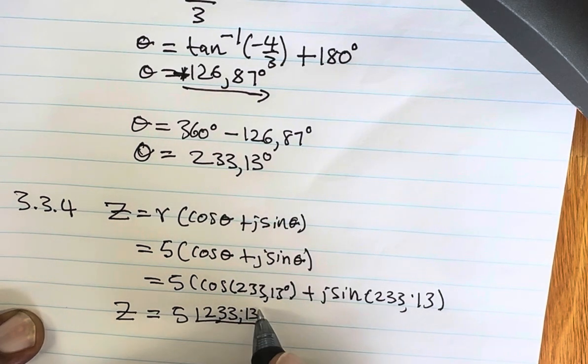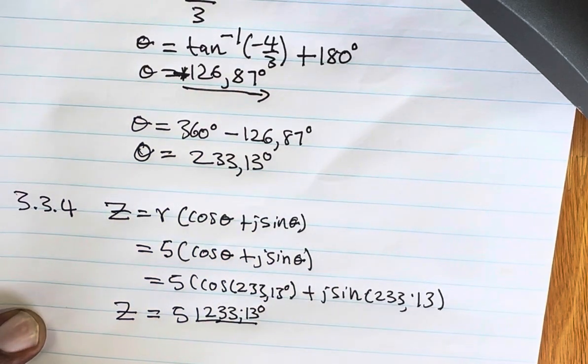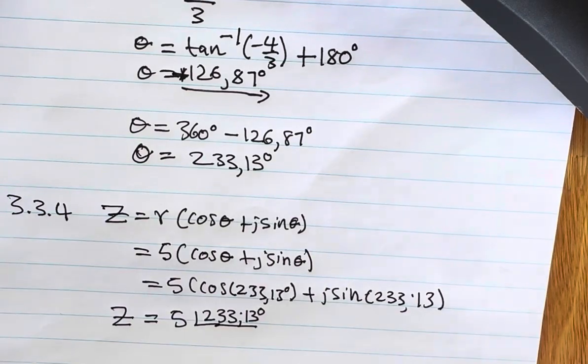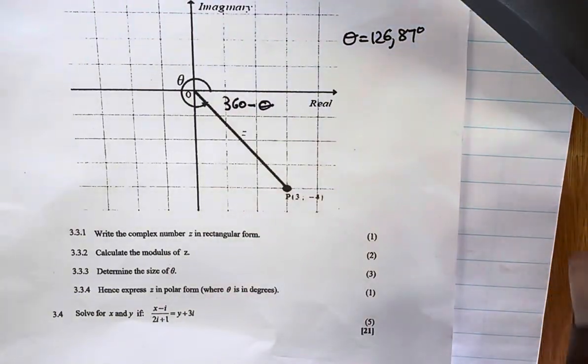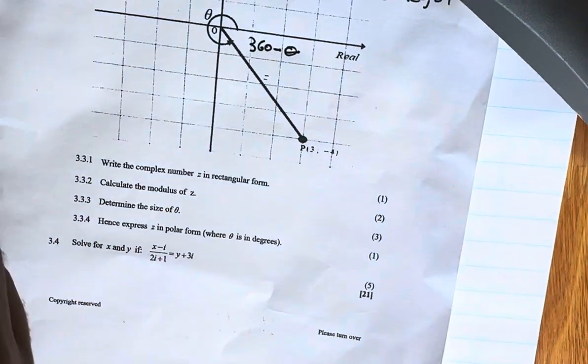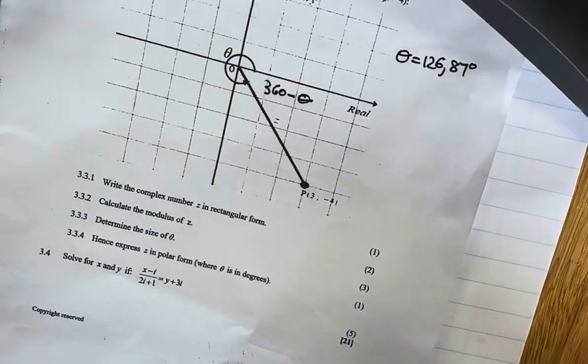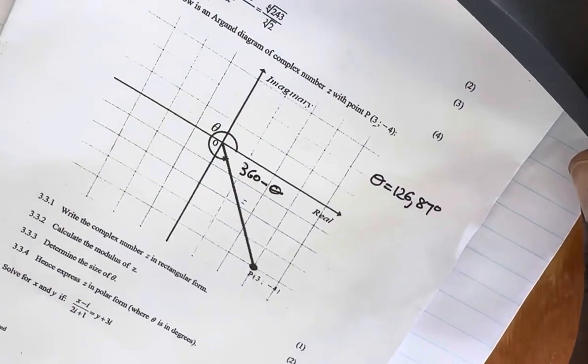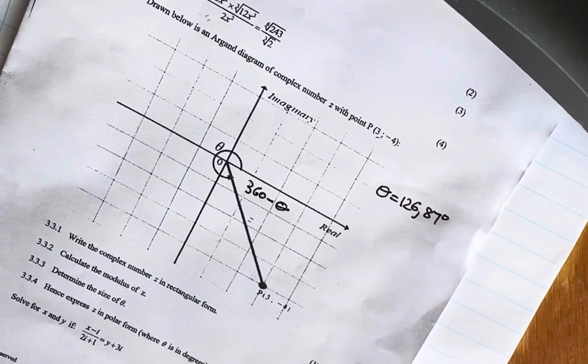This is in polar form. Now let's go to 3.4.